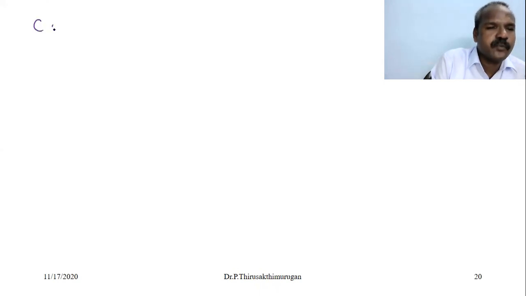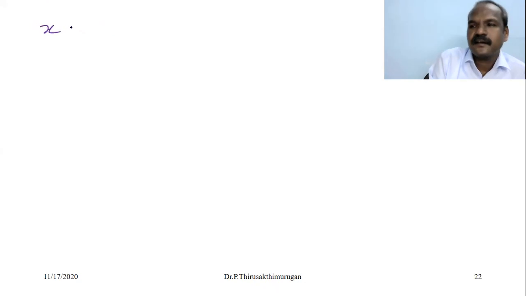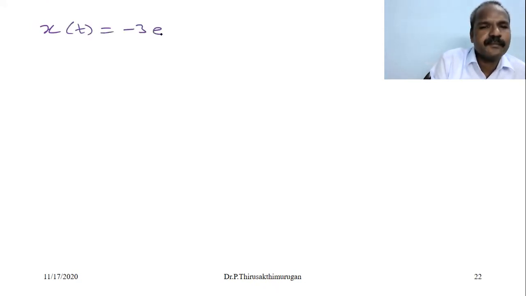Next, complex poles. Actually, for the above equation, x of t equal to minus 3 e power minus 2t plus 2 e power minus 3t.